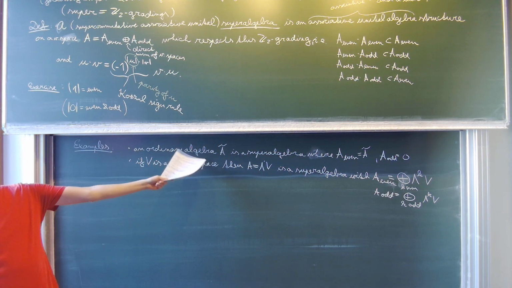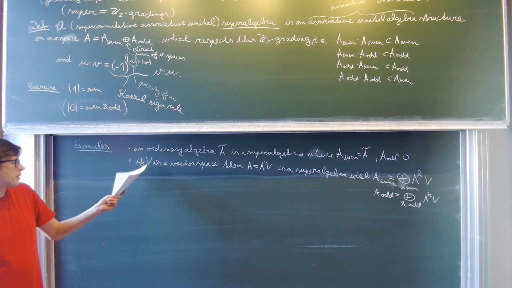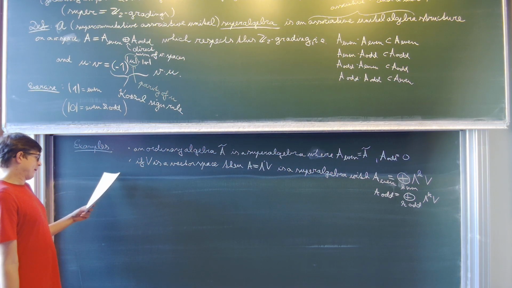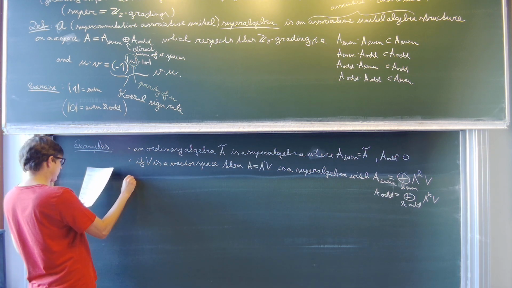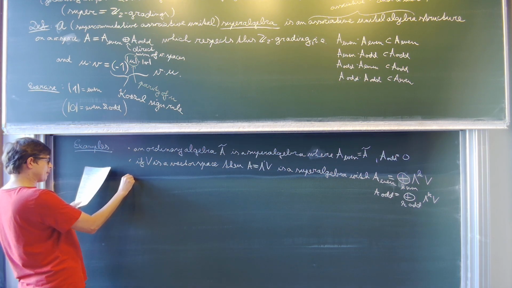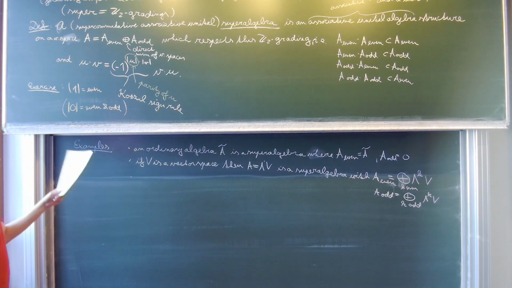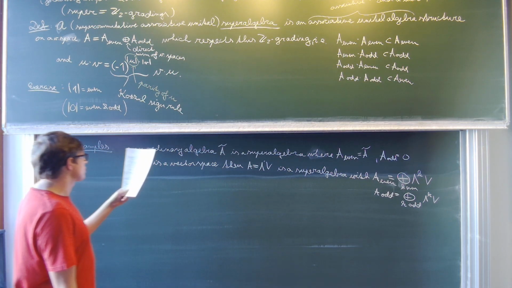And if you have an algebra and a superalgebra, for instance something like this, you can tensor them and it's still a superalgebra. Let me go one level higher. Superalgebras. I didn't say what morphisms are, but I guess you can guess.